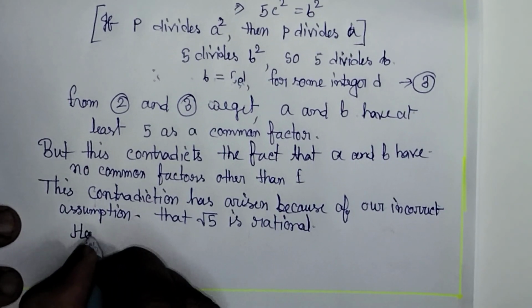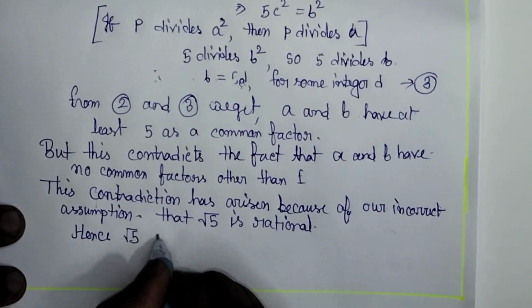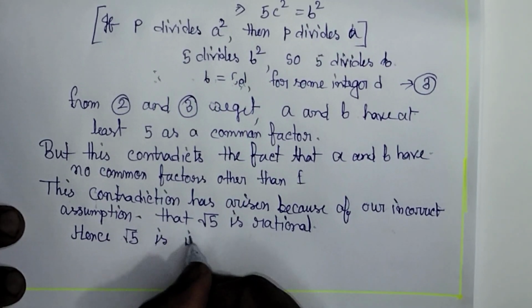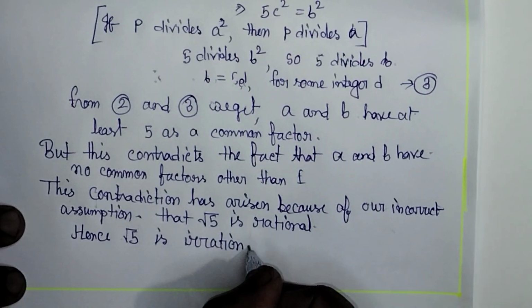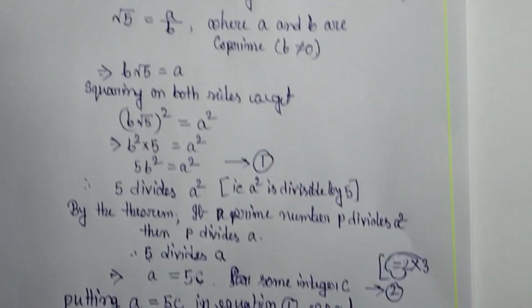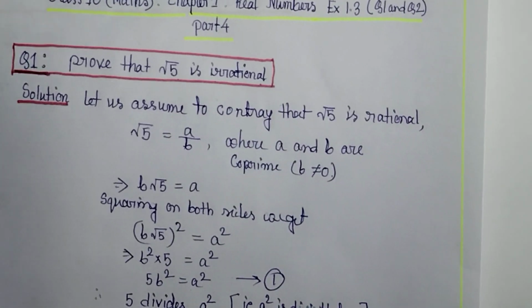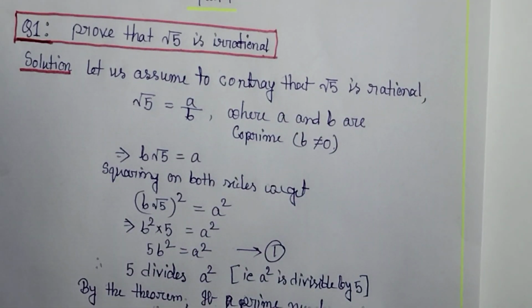Hence, root 5 is irrational. Hence proved.